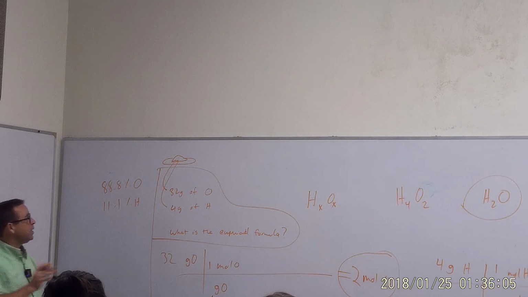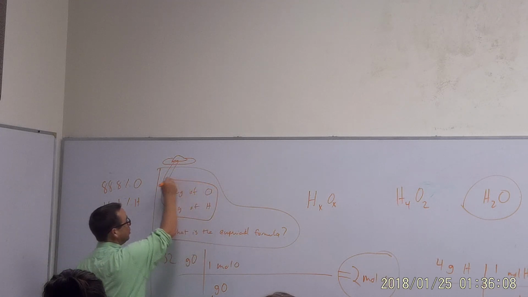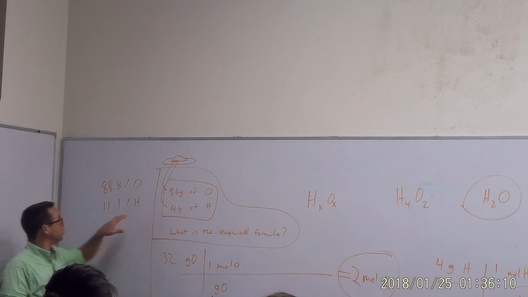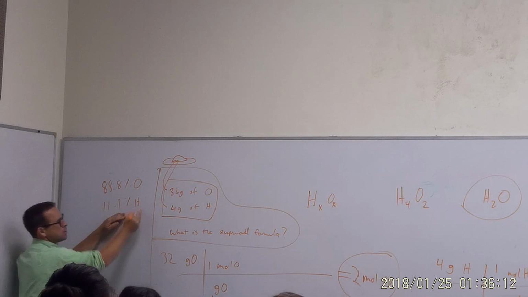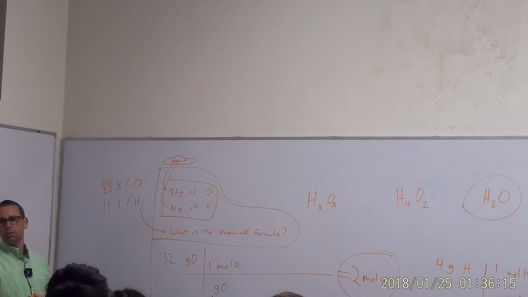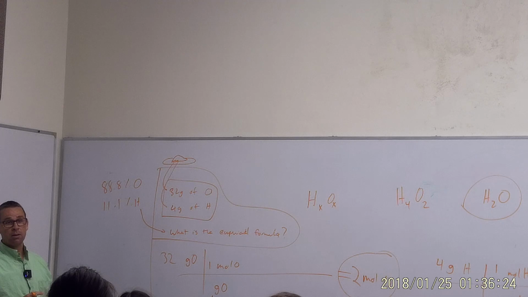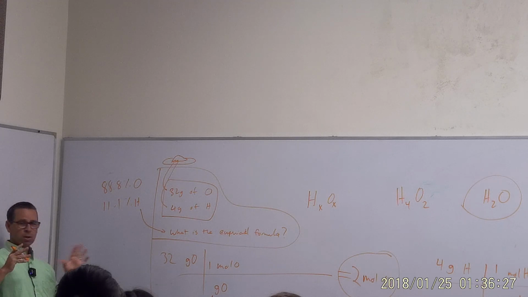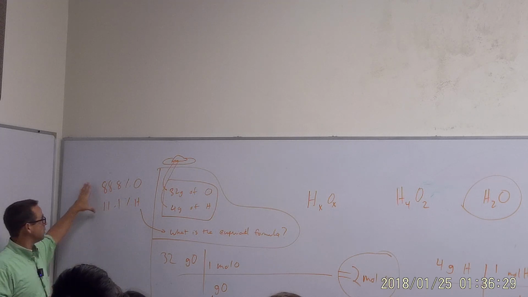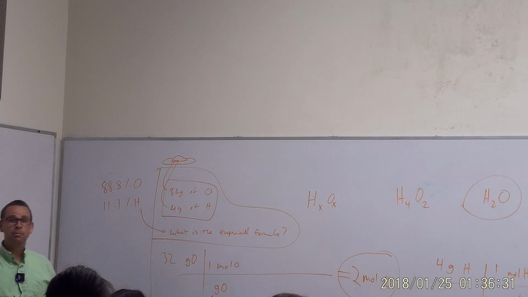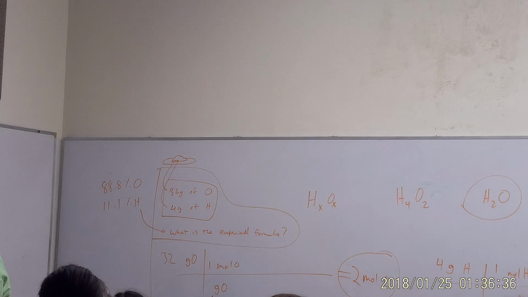Now, what if we hadn't been given this information? What if we hadn't been given this? Maybe they only told us this, and they asked us, what is the empirical formula? Could we still answer that question? We should be able to, because we got this simply from that, right? But maybe our brains aren't quite wired to know what this means. So we can say that we have 100 grams total, and so we can apply the 88.